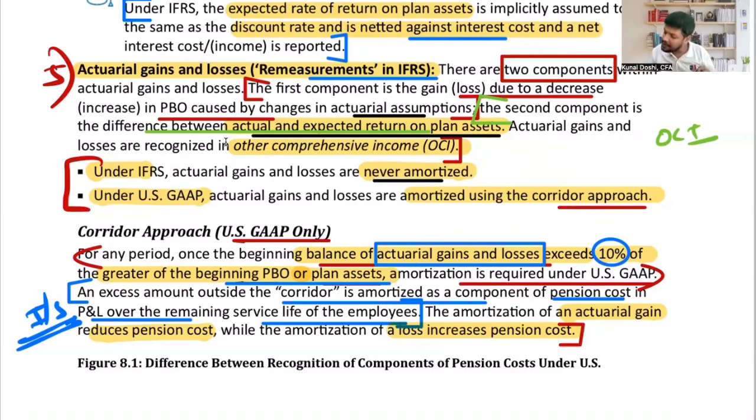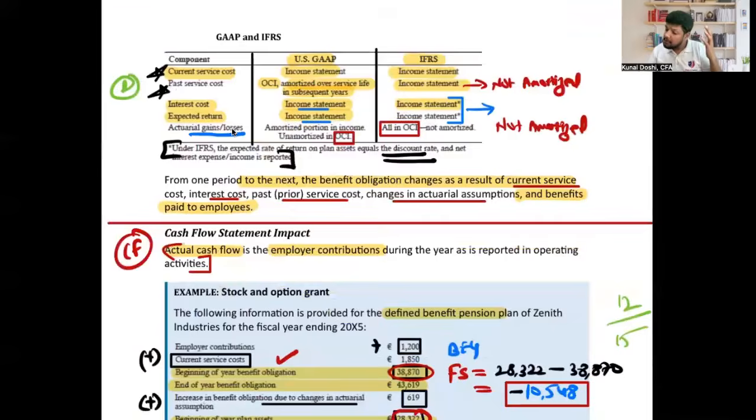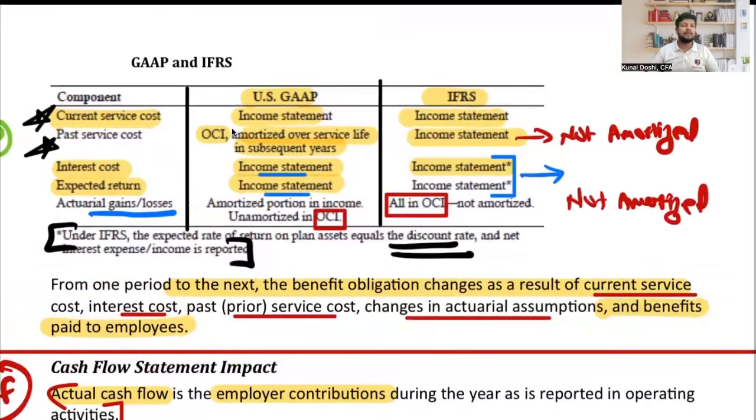Under US GAAP, they are amortized using a corridor approach. I would suggest you remember the corridor approach only if you have time. Otherwise, you can skip that complicated corridor approach. What you need to remember for the exam is this: in your income statement, current service cost, the cost of working one more year, is always recorded in the income statement under IFRS and US GAAP.